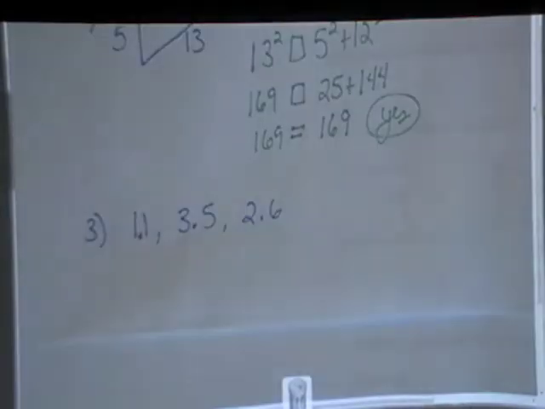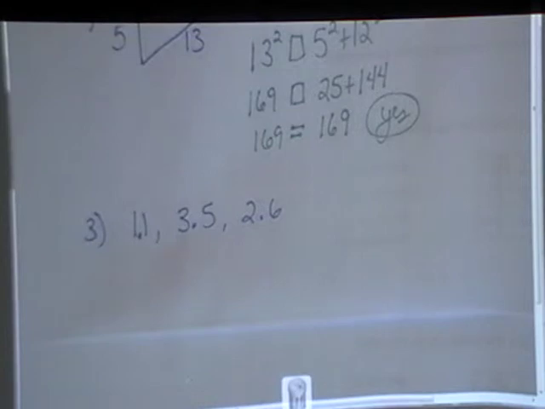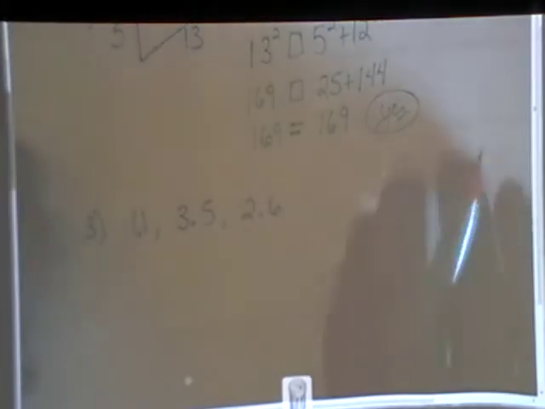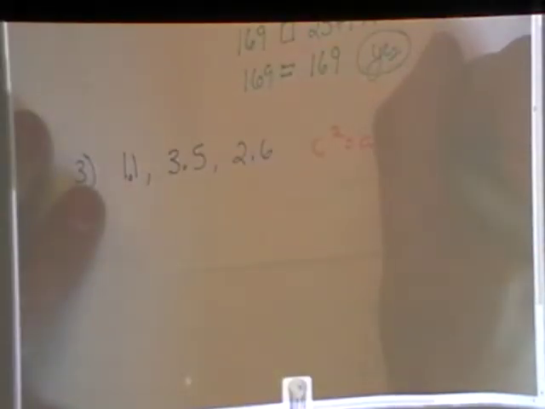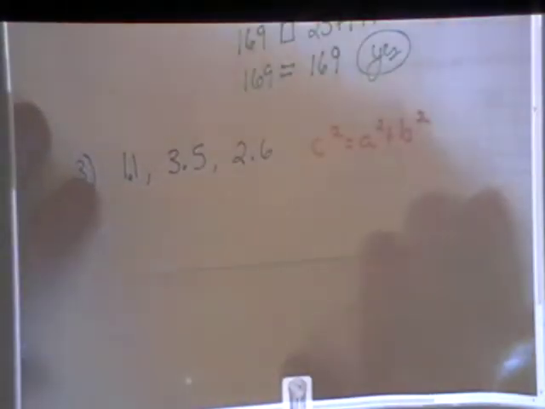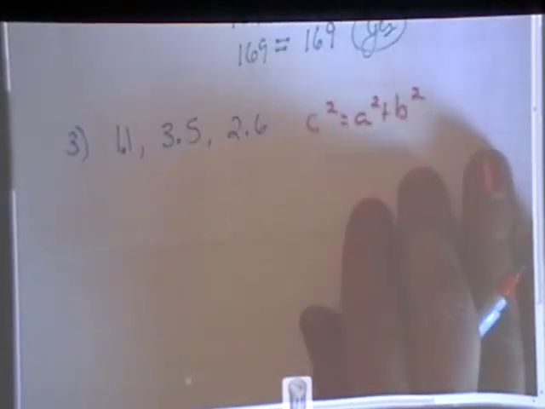Now this time I didn't give you a triangle, and I didn't give you A, B, and C. But you're not going to be bothered with that because you automatically know which one of these 3 numbers is C. Because what did I tell you about C? That C is the biggest number. Okay, so C squared equals A squared plus B squared. So my biggest number of these is 3.5.